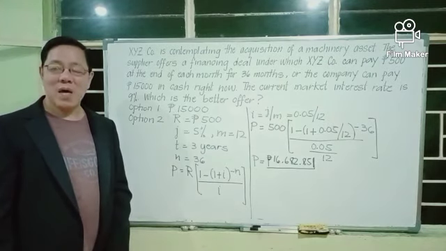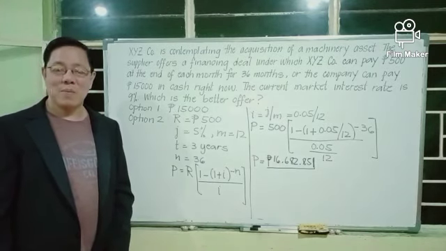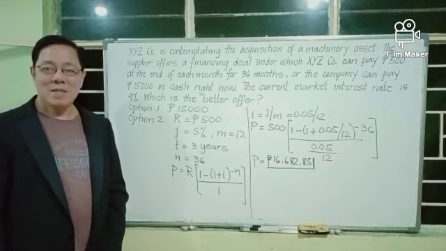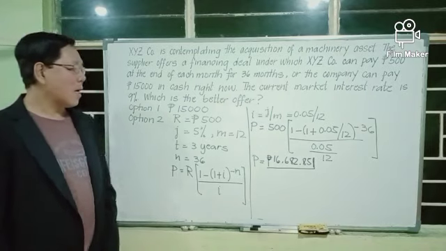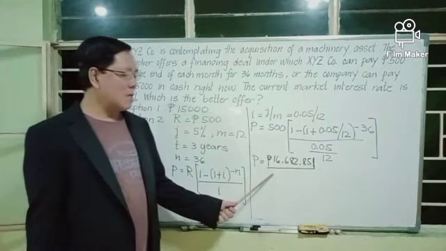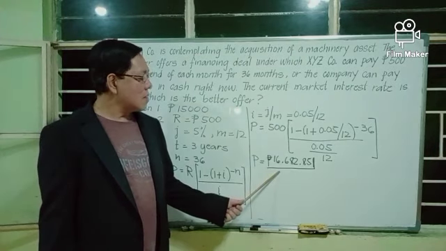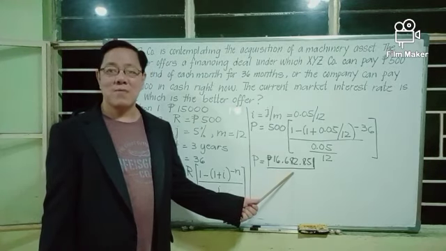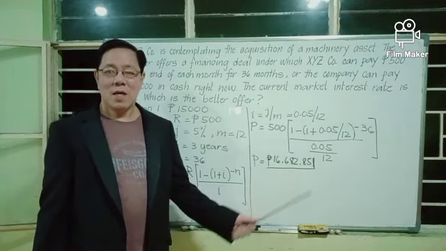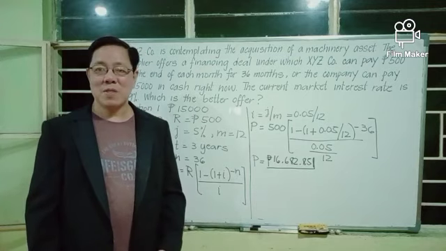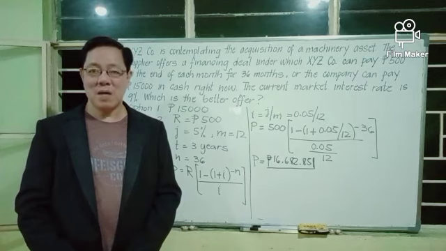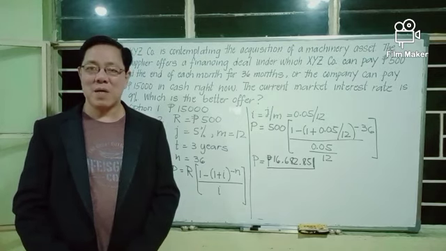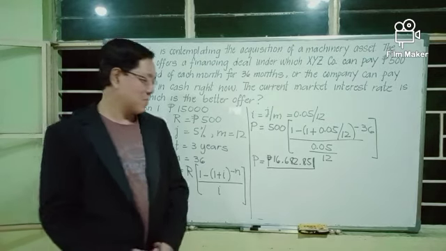If XYZ company is trying to save some money, then the better option is to pay 15,000 pesos cash now. And the company will be saving 1,682.85 pesos. If the company is after some savings, the better option is the first option, the payment of 15,000 pesos cash now.